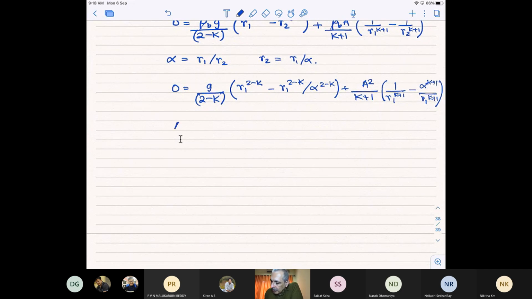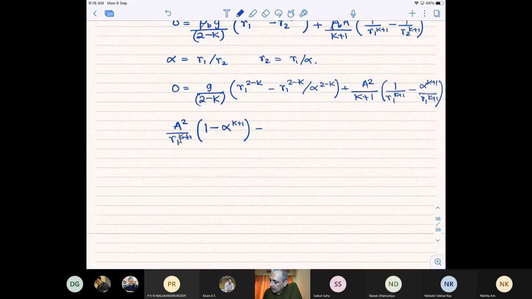So now we can take A squared on this side, and this is A squared into, I'll take out R1 raised to the power of K plus 1 as common, and so I will get 1 minus alpha raised to the power of K plus 1 over here.